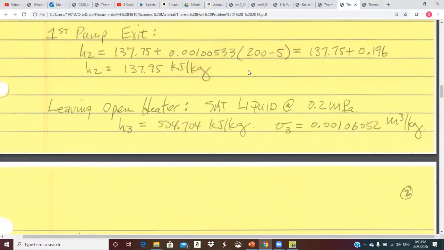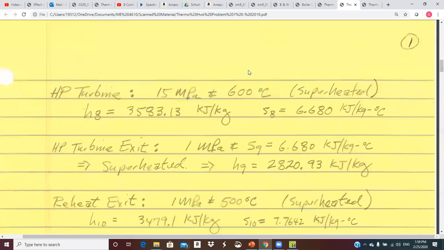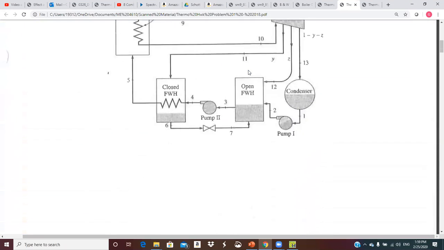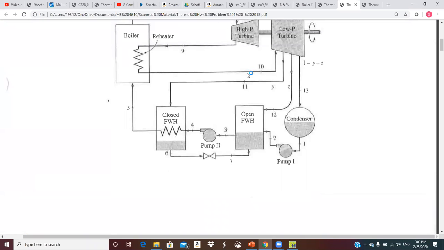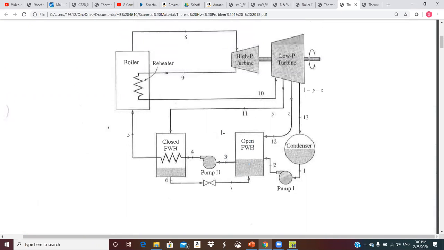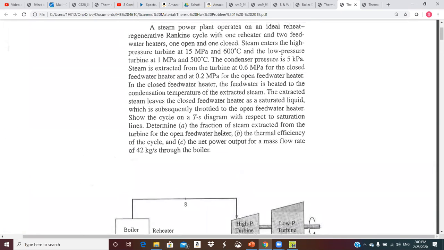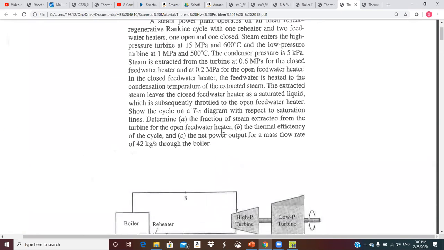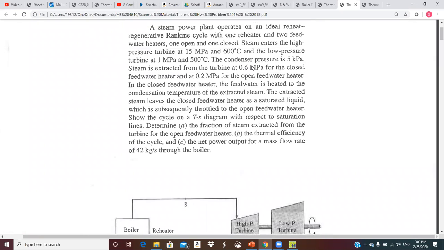Okay, let's see. Open heater. What are we told on the open heater? Let's see. Steam is extracted.